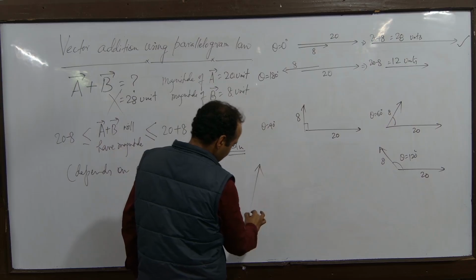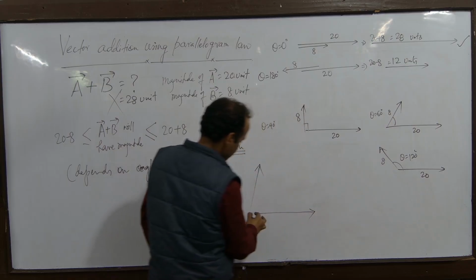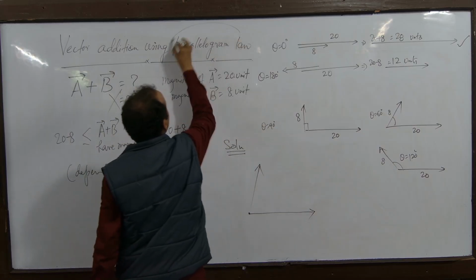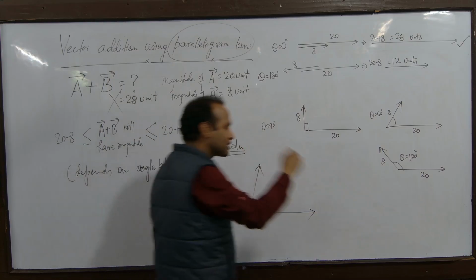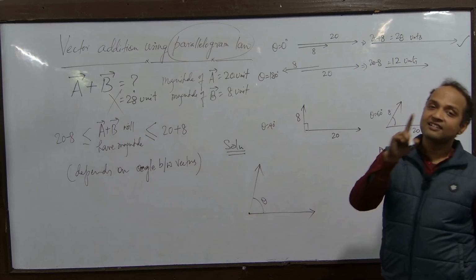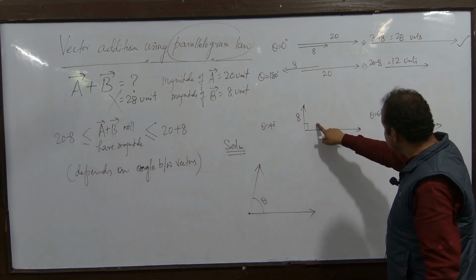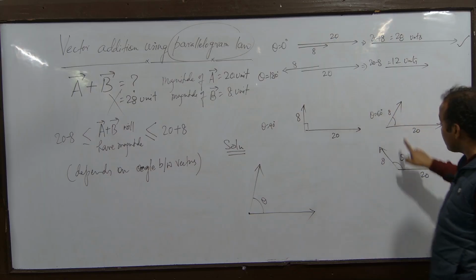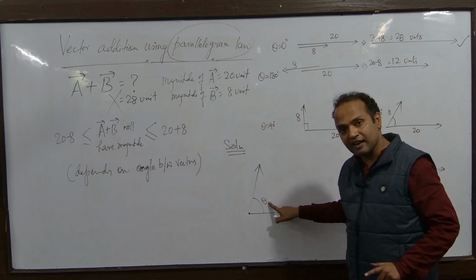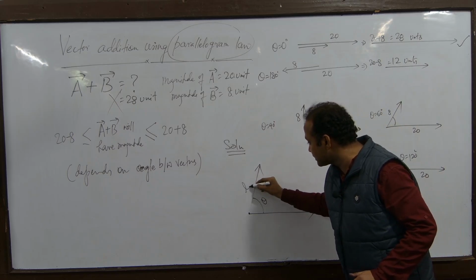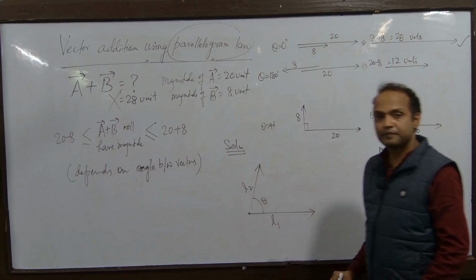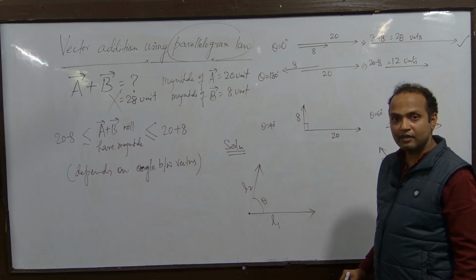If two vectors are like this, and I am explaining the parallelogram law. You have to draw a parallelogram. Two vectors are at angle theta. Theta may be 90, may be acute, may be obtuse, anything. Two vectors are at angle theta. One magnitude is L1, one magnitude is L2. Okay.